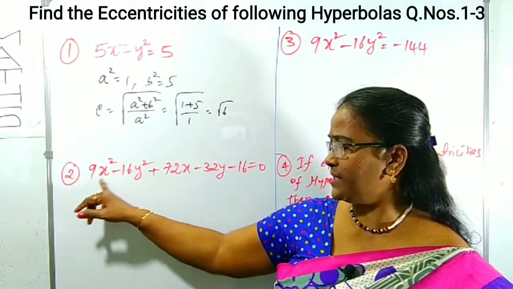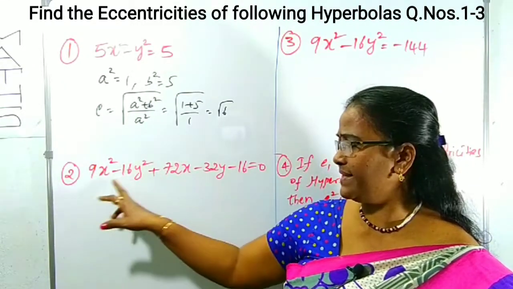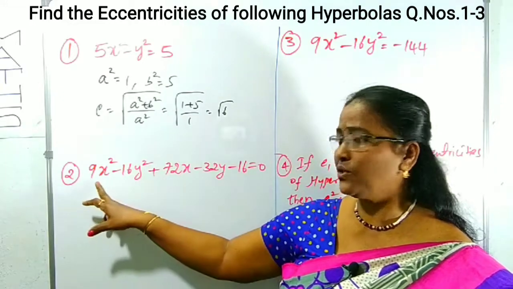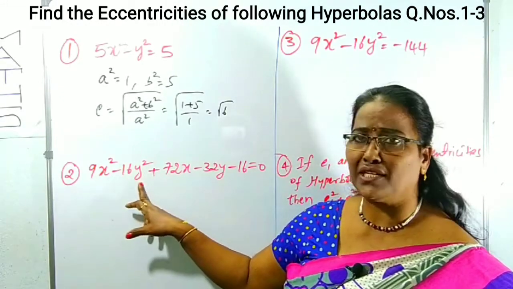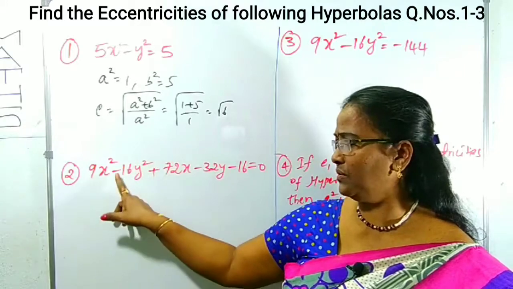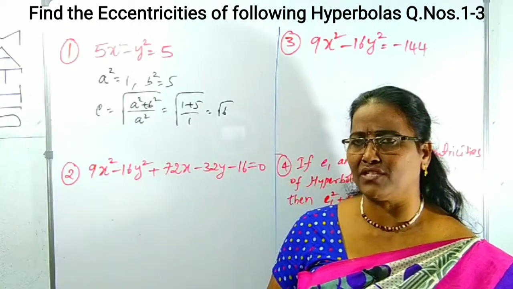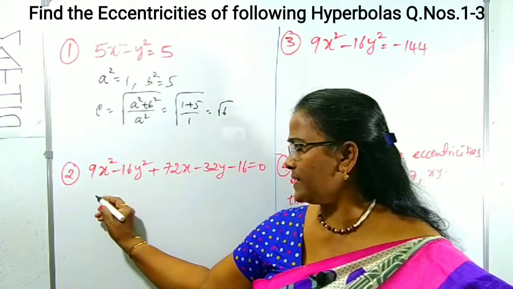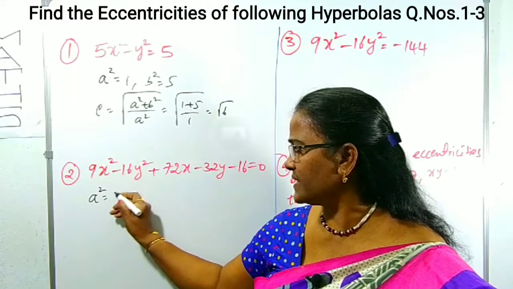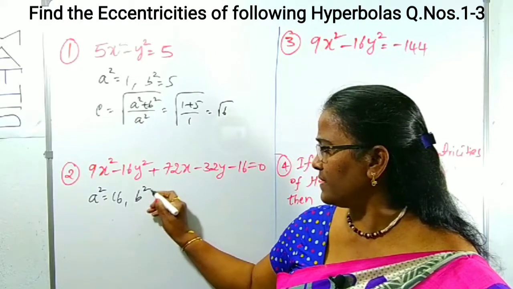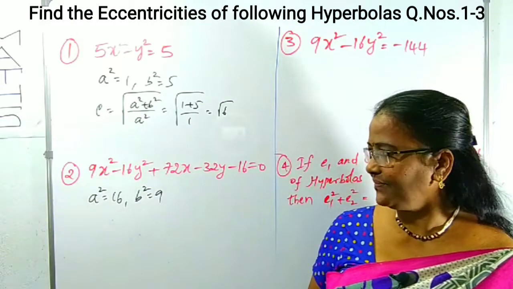We can take the x square, y square quotients: the x square quotient as b square, and the y square quotient as a square. Don't think about the minus here. In the case of a hyperbola, the y square term is minus. Now, what is a square here? A square is 16, b square is 9.